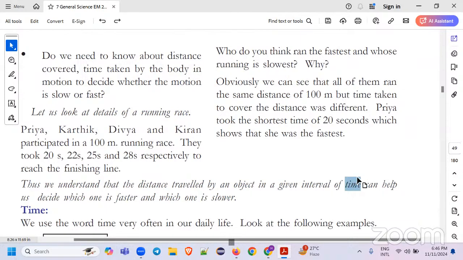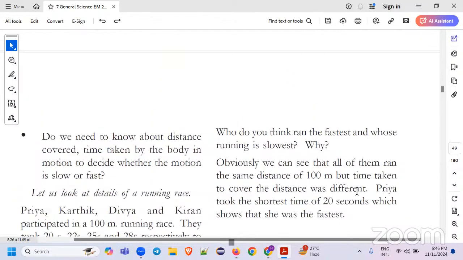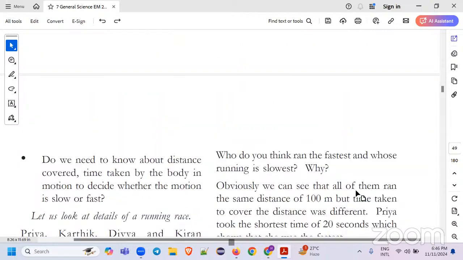So when the same time is given, if the object covers more distance, then we say that it has more speed. More speed, slow car, fast speed, fast moving.